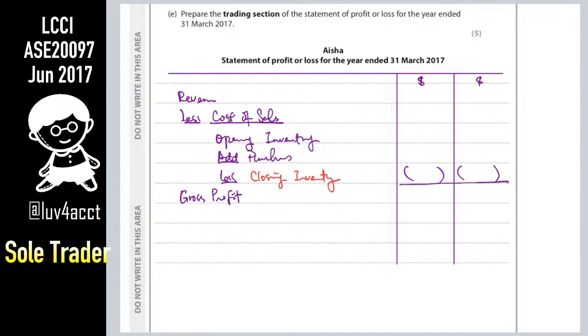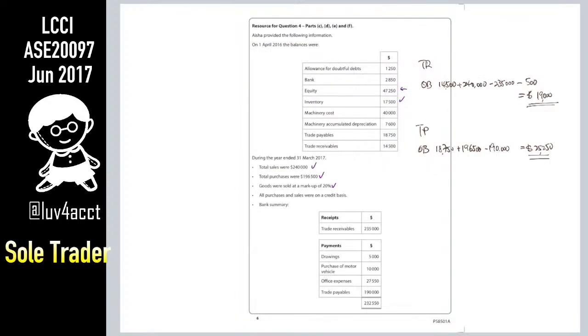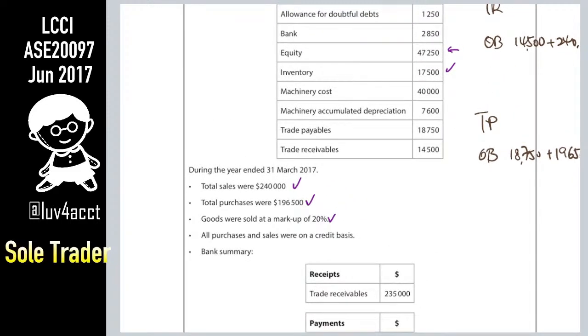So revenue 240,000, purchases 196,500, and then opening inventory 17,500, and markup 20%.